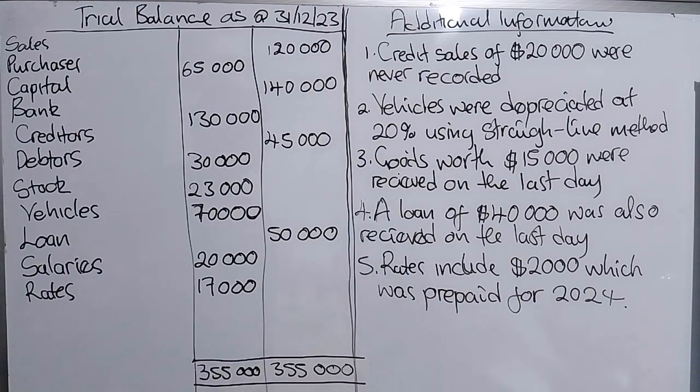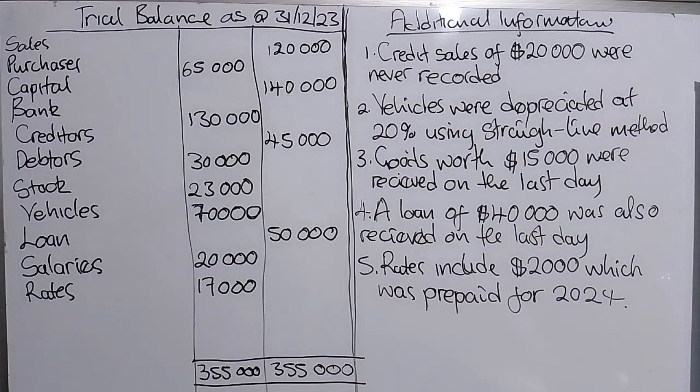Number 4, a loan of 40,000 was also received on the last day. Number 5, rates include $2,000 which was prepaid for 2024.